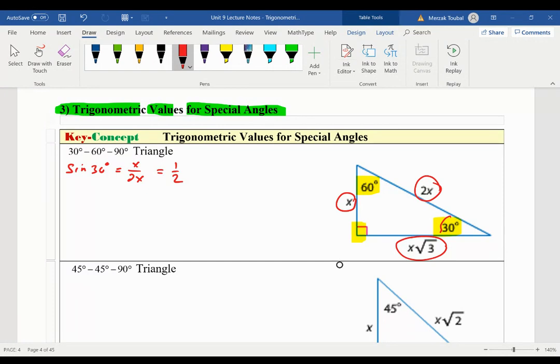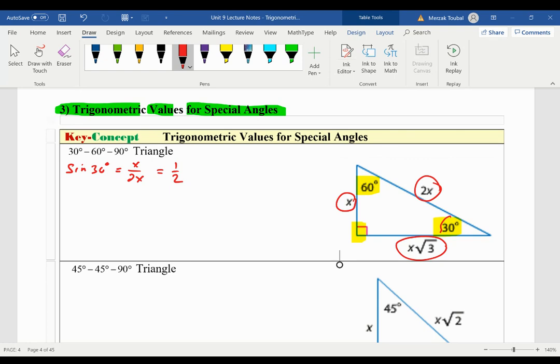No matter what the measure of the sides are, as long as it is 30, 60, 90, the hypotenuse will always be twice the opposite. And adjacent, as we said, is root 3 times x. So therefore, when we divide, we will always get the 1/2.